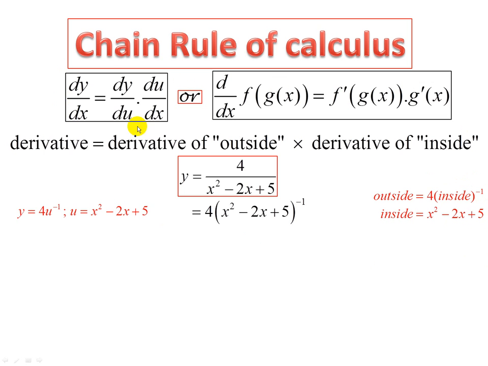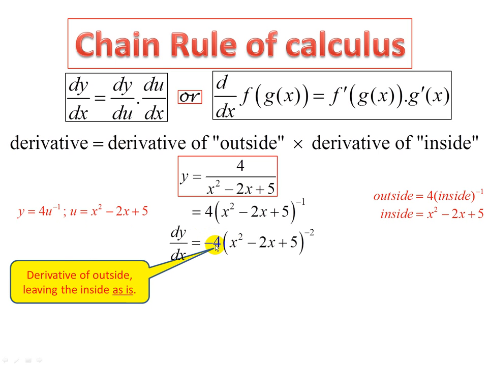So now we're going to use this here, dy by du. So we're going to differentiate that, minus 4u to the minus 2. We've left the inside as is. But now we have to make allowance for the fact that we have differentiated the trinomial inside the bracket.